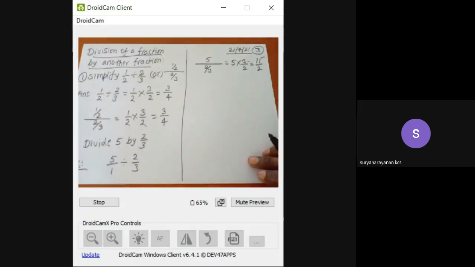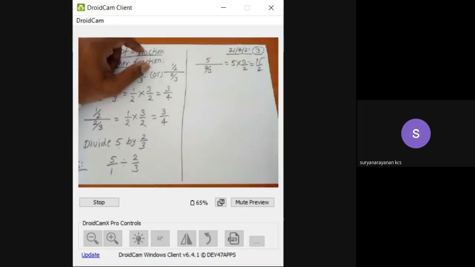Okay, my dear children, please recall these points. Practice by taking some more questions. I will give you some more questions as homework in multiplication of fractions and dividing a fraction by another fraction.